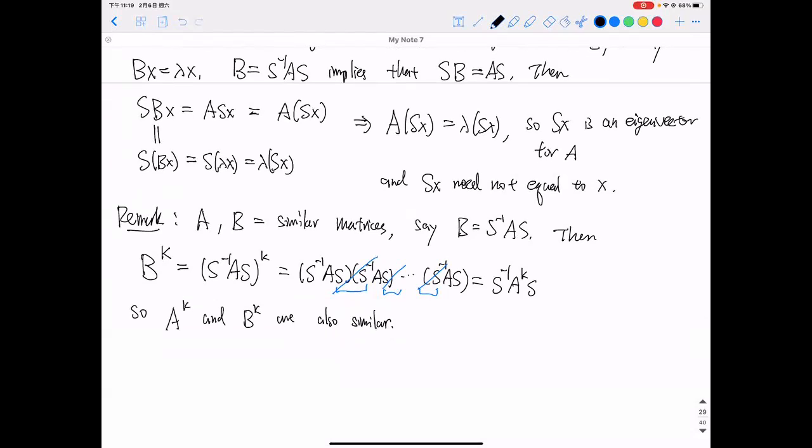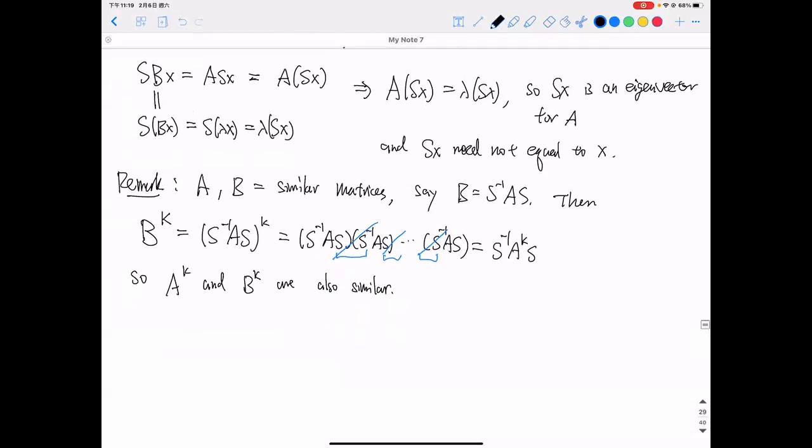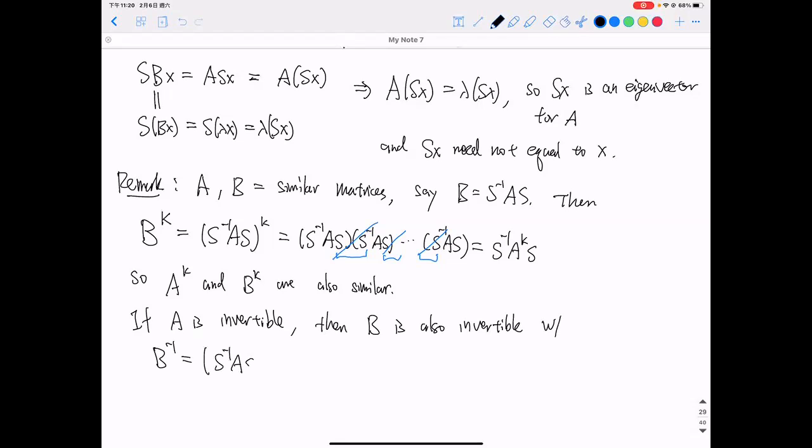Right? And also, if, say, A is invertible, then B is also invertible, with B inverse being this expression. We know B is S inverse AS.